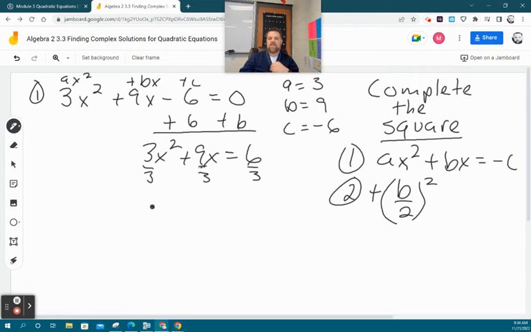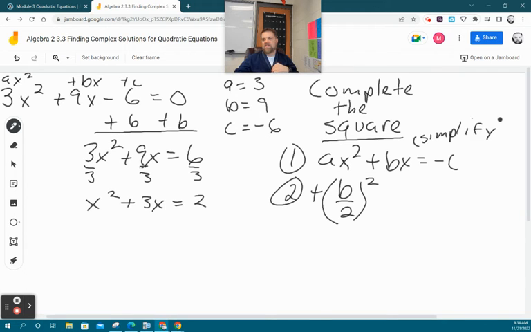And as long as I divide all 3 terms by 3, then I get x squared plus 3x equals 2. So sometimes at this point, you can simplify if you're lucky.